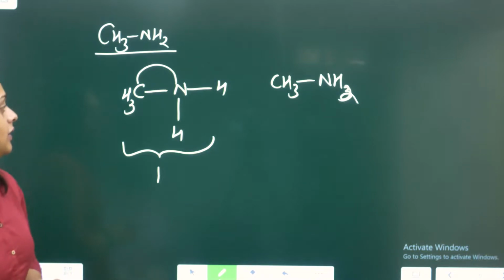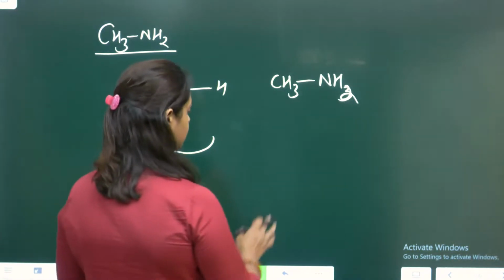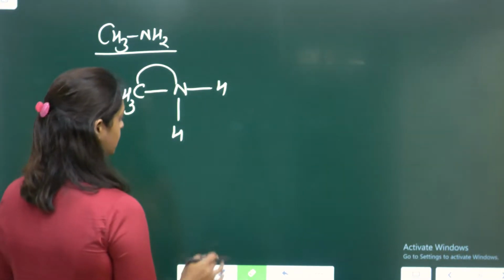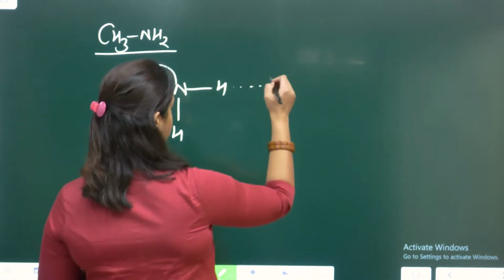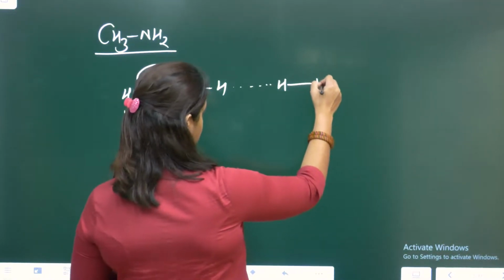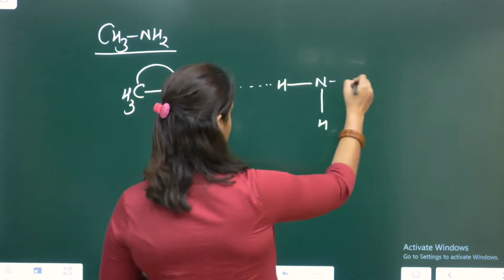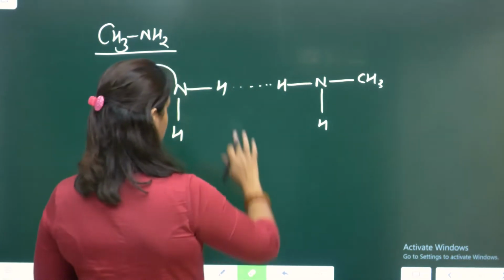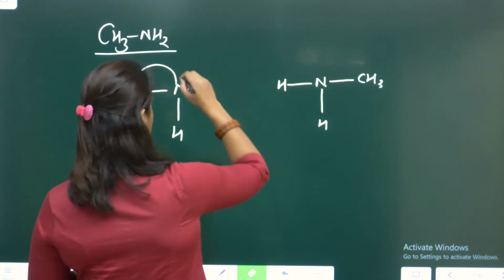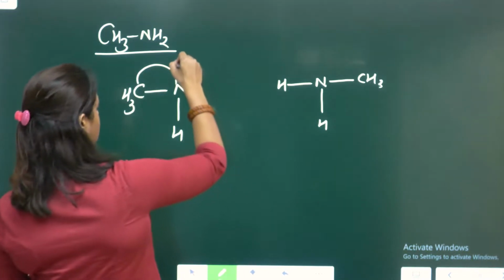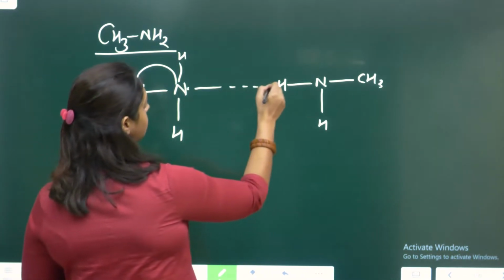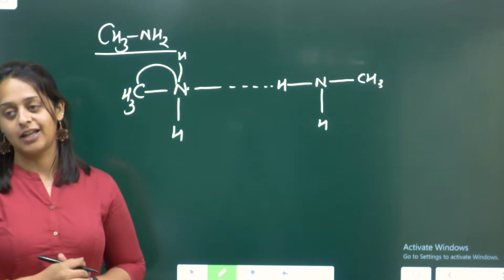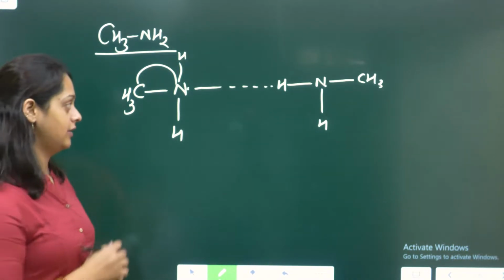Okay. So if instead of this, I make an interaction like this, the nitrogen of this interacting with the hydrogen of this. Why is it different?